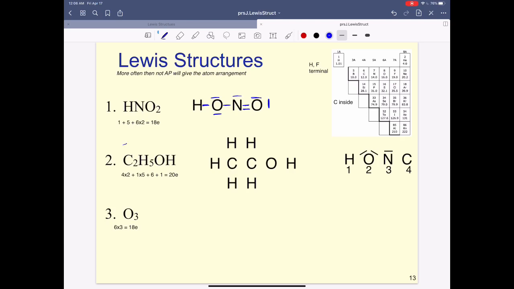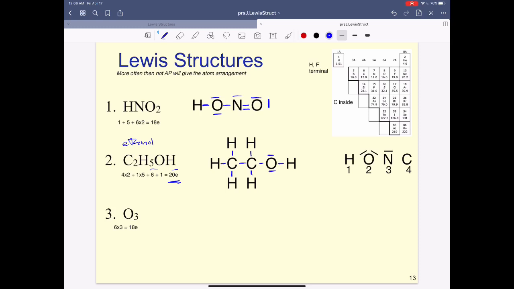Next we have ethanol. Ethanol, 2 carbons, ultimately 6 hydrogens and an oxygen for a total of 20 electrons. And we'll fill those in 1, 2, 3, 4, 5, 6, 7, 8. Let's not forget the unshared pairs, 9 and 10 around the oxygen.